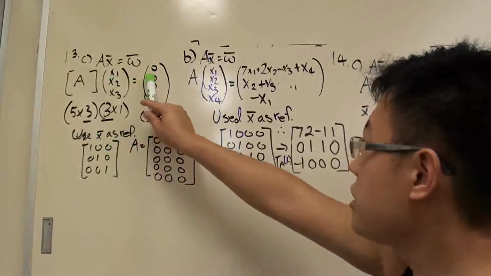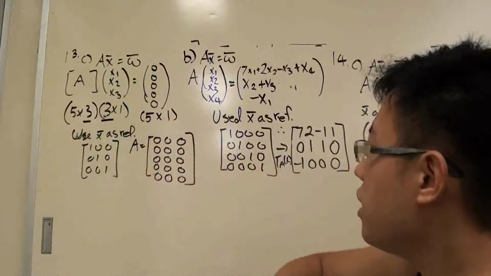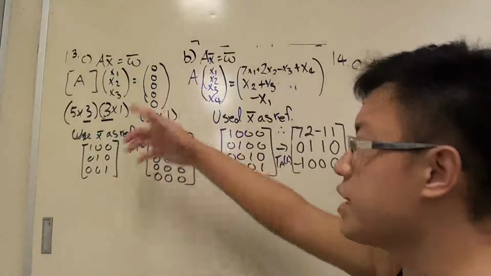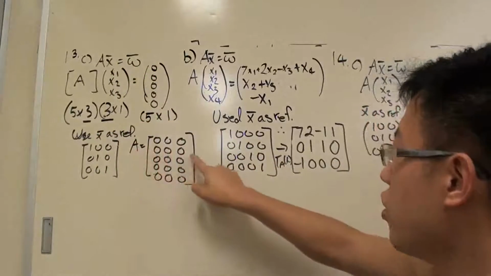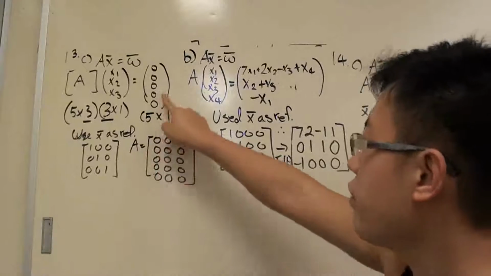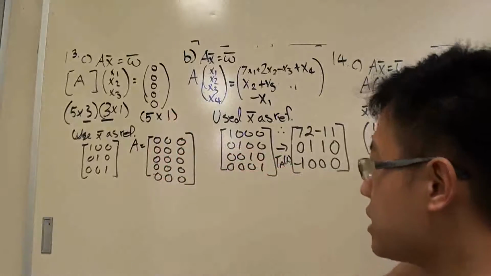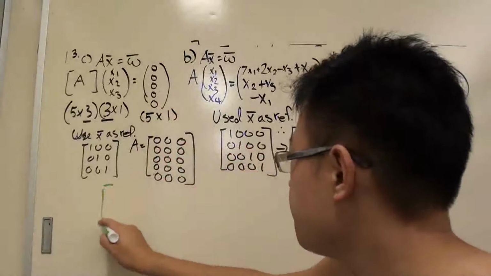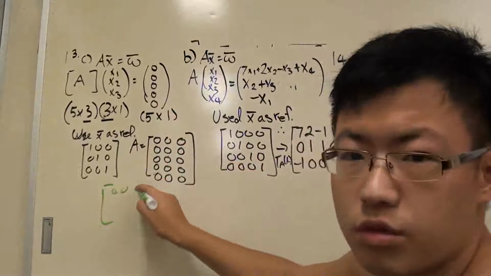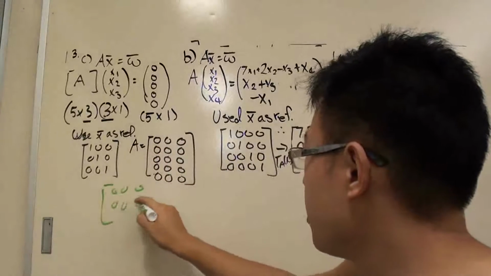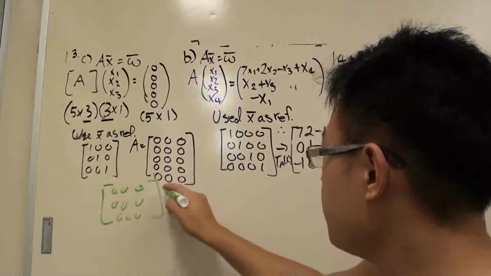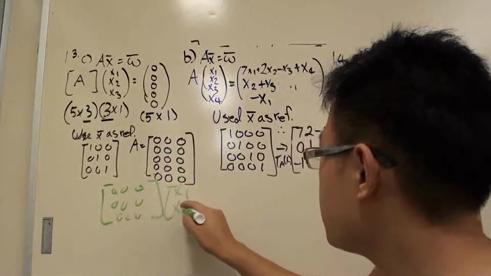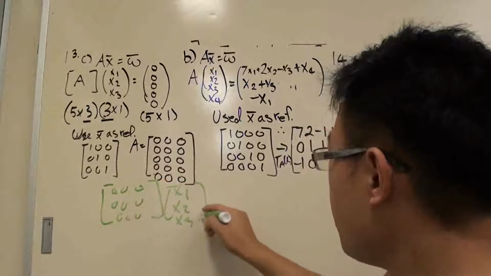the second row is going to be 0 again, right? So 0 times anything is 0, so it's just going to be row 0. Third row 0, 0. That actually makes sense, because if you do 0, 0, 0, 0, 0, 0 times x1, x2, x3, what are you going to get?